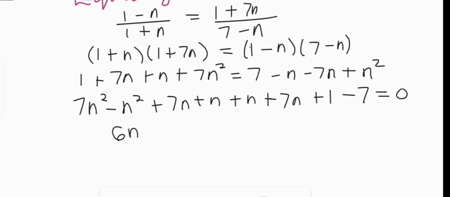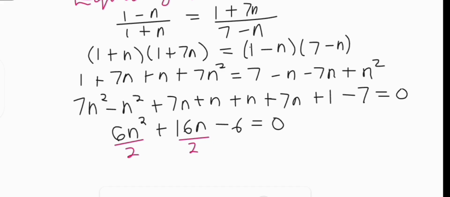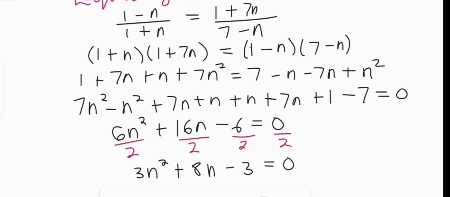So we have 6N squared plus 16N minus 6 to be equal to 0. 2 is a factor of all the terms, so we divide through by 2. That gives us 3N squared plus 8N minus 3 to be equal to 0, a quadratic equation.